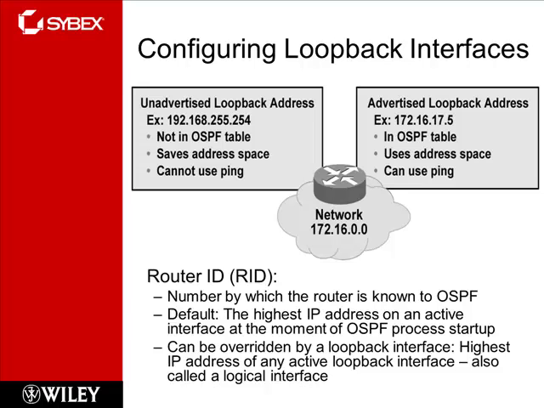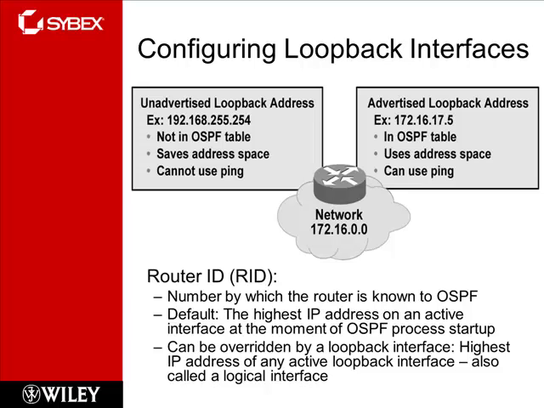Configuring the loopback address, and we've looked at that, not in the OSPF table. An unadvertised loopback address advertises loopback addresses. The router ID is the number which is known to OSPF, and again, we'll look at that. The router ID is going to be, by default, the highest IP address on the physical interface.